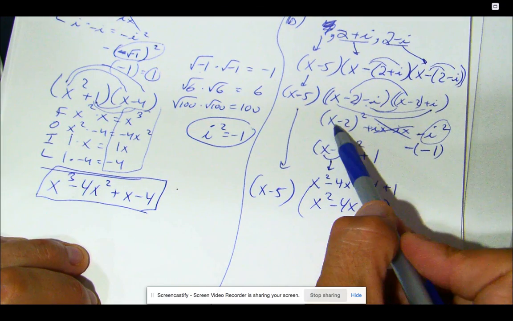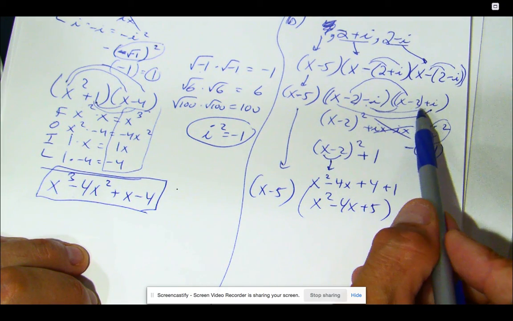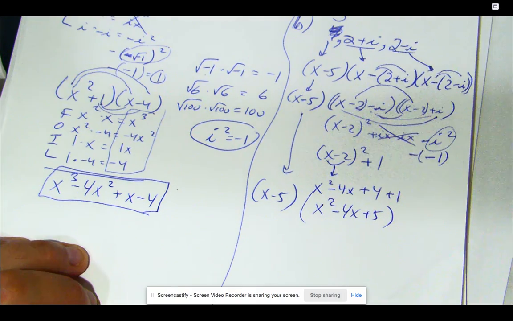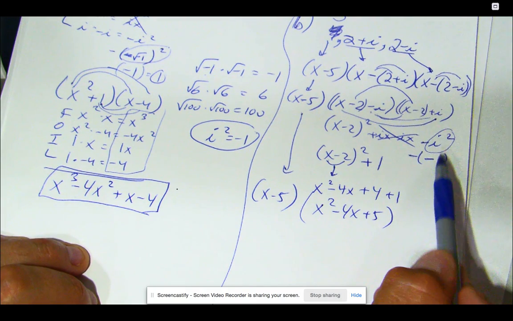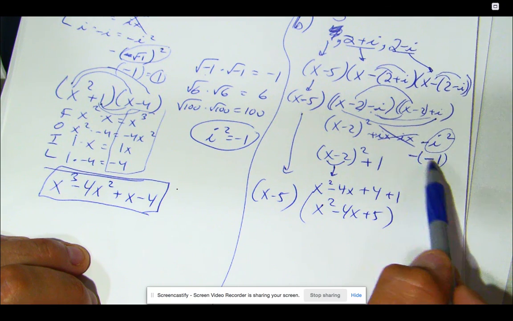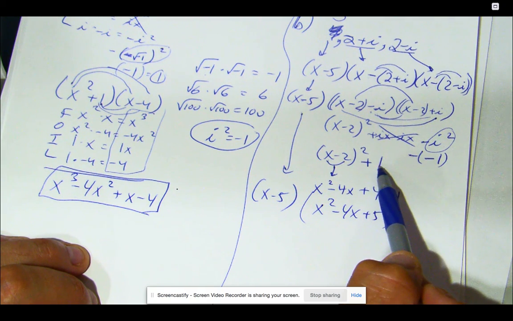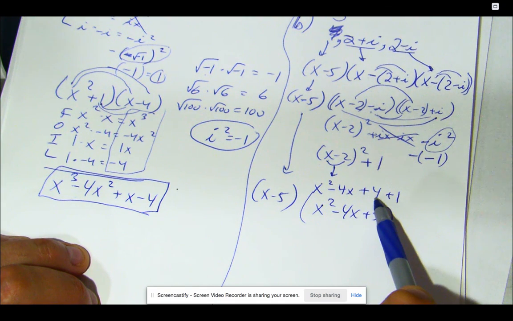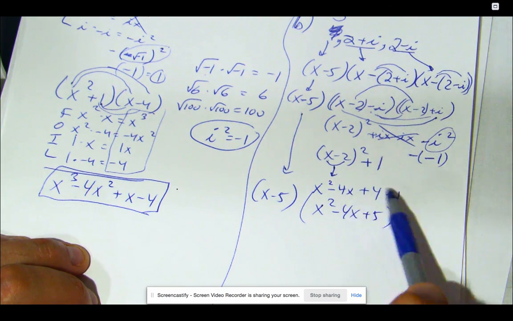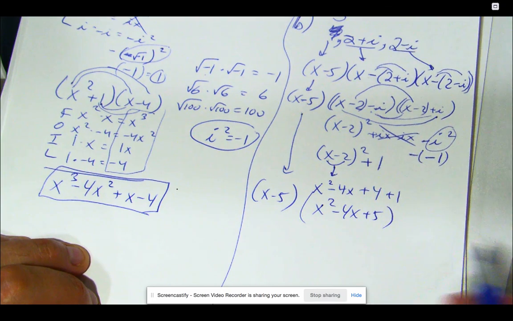This was my first term. My outer and inner terms will drop out, and my last term is negative i times i, which is negative i squared. The value of i squared is negative 1. The opposite of negative 1 was 1. I simplified this. Square the first term, square the last term, multiply these together, double it. Add the 4 and the 1 together, get 5.